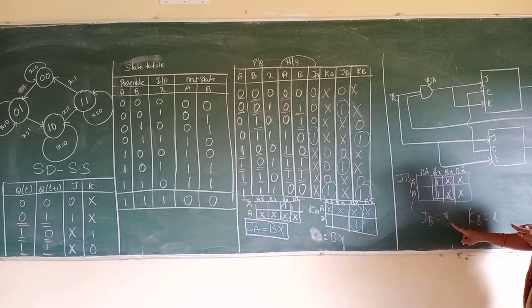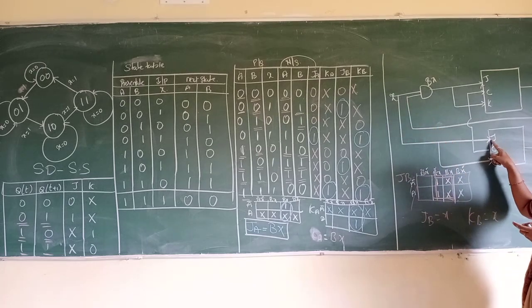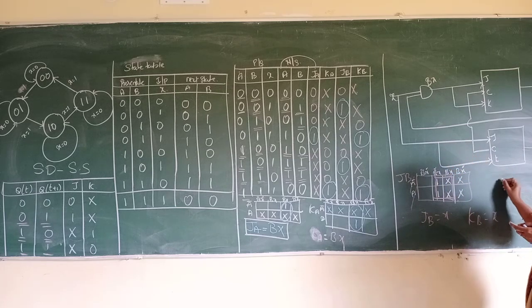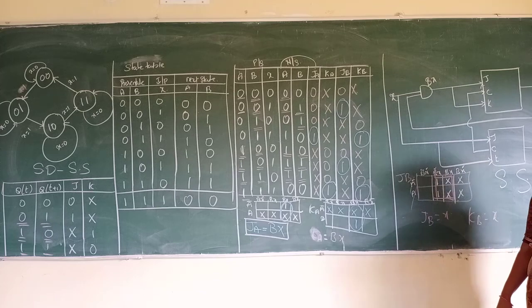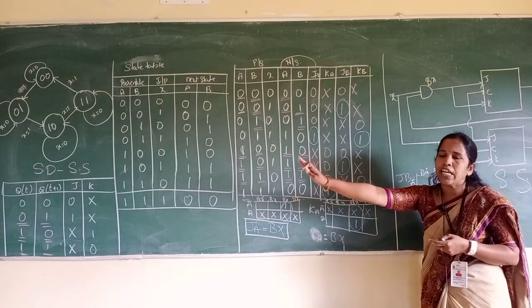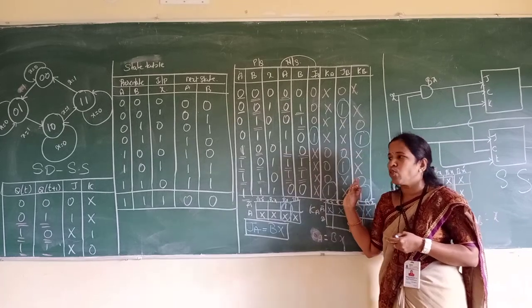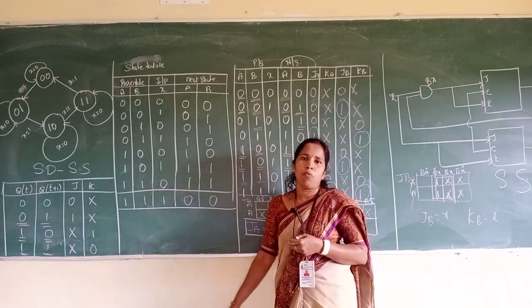JB is equal to X, X is given as input to JB, and KB is equal to X here. Like this you generate the sequential circuit. So you are converting a given state diagram into a sequential circuit by making use of the excitation table of the JK flip-flop. Thank you.